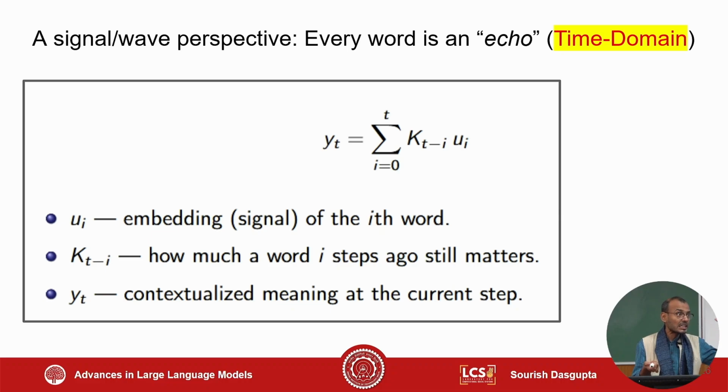Think of it like there is an echo of every single aspect of the words that I spoke before. Although you may not remember concretely what those words are, you remember the essence. Essence means the eigenvectors, and how much you remember is how the eigenvalues are fluctuating in terms of the mode, right? So this is the time domain. So long as you are in the time domain, you cannot get past the quadratic complexity.